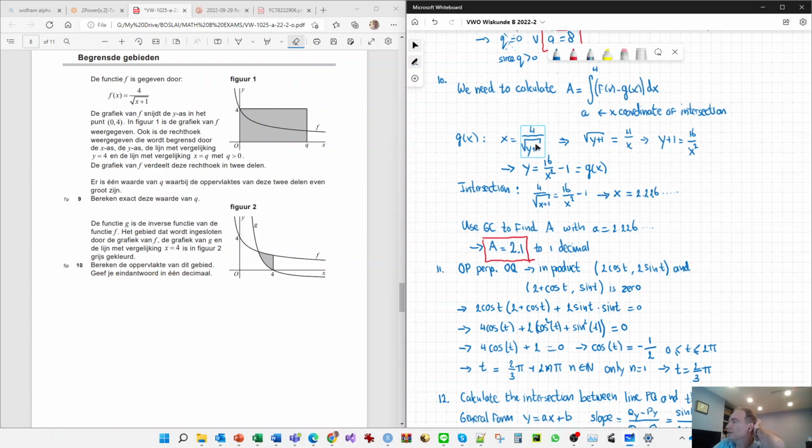Okay, that's not too difficult. But we first need to determine the lower limit, or the lower bound of the integral, namely a, and we do this by setting these functions equal, of course.